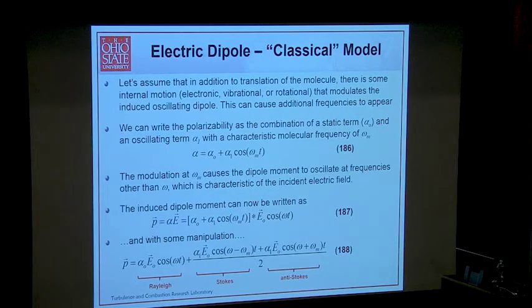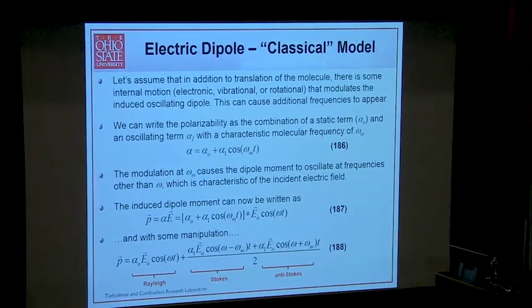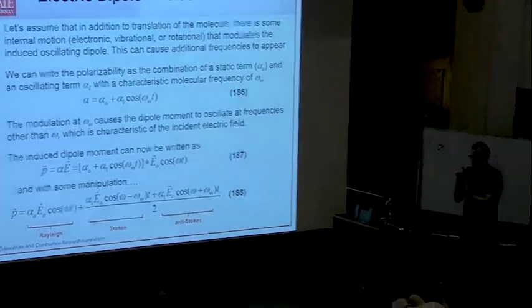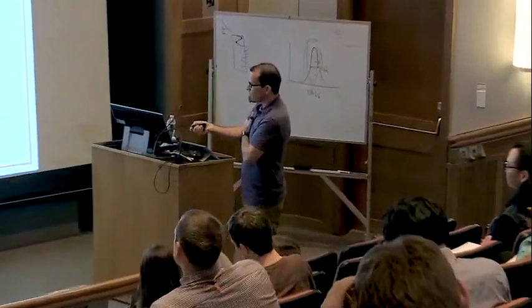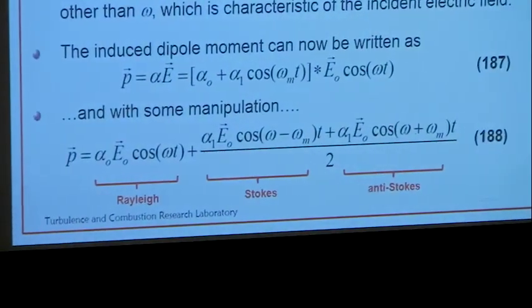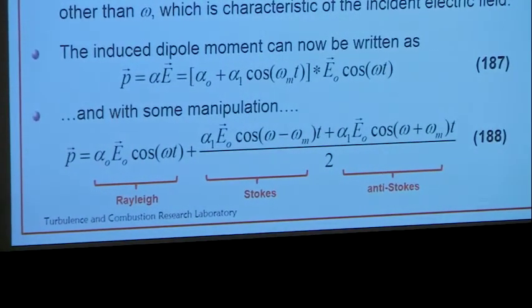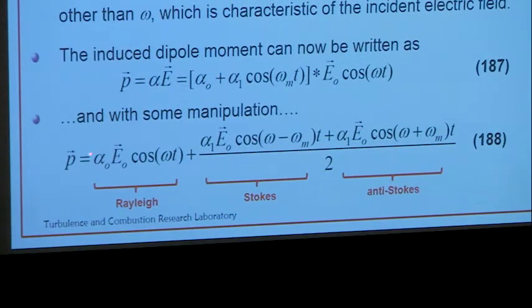We gained energy, we lost energy. I haven't called them Raman yet because we need to do a little bit more to call them that. But we have our Rayleigh, which is coming out essentially at the same frequency, the same light. I will show that that's not exactly right either. But we have our Rayleigh, and then we have these ones that are being modulated.